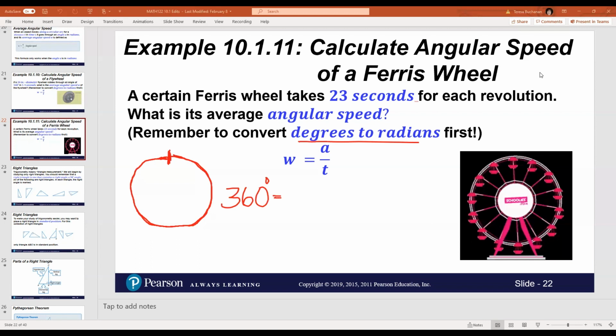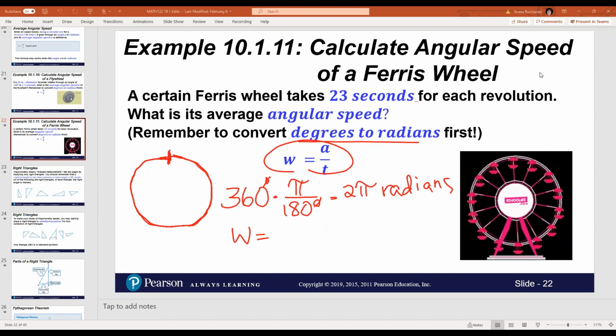So what is that in radians? Maybe you already know, but if you're not sure, you could certainly take a look using your unit multiplier. That is 2 pi radians. And again, be careful, because remember that this formula only works in terms of radians.